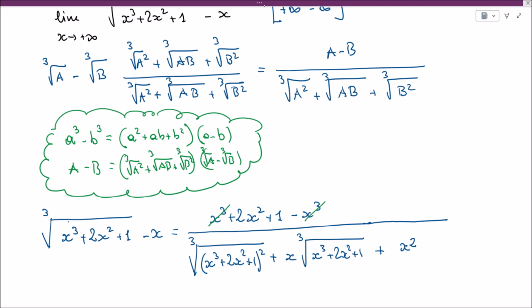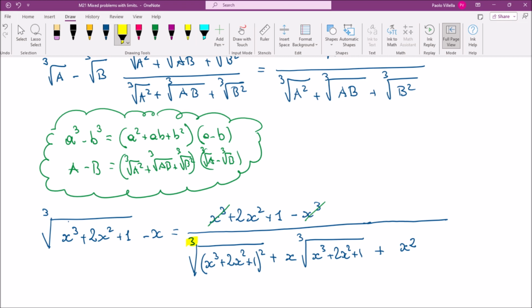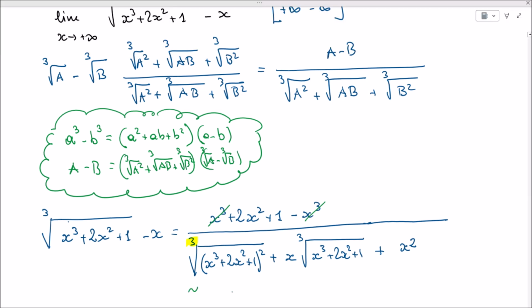So we can say that this is basically equal to what? x squared, because the leading term under the root is x to the 6, and x to the 6 under the cube root is x squared. The same story goes for the second term, because the leading term under the root is x cubed, which under the cube root gives another x, so we have another x squared, plus x squared.